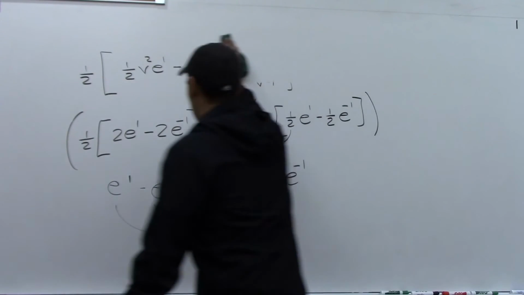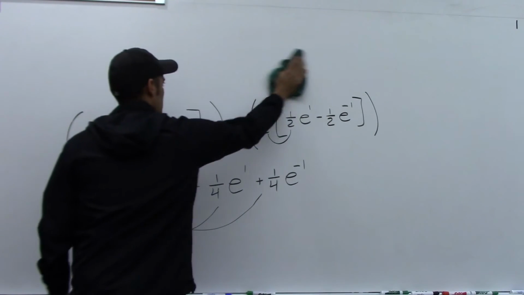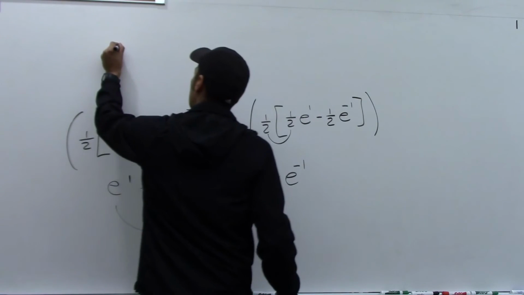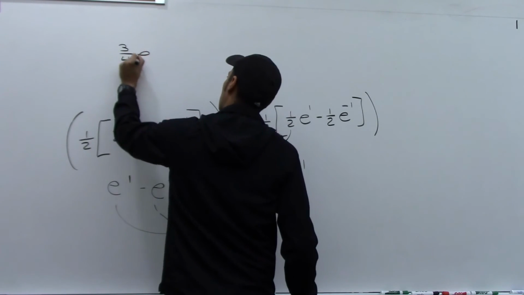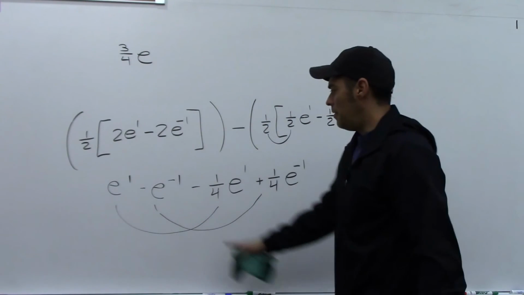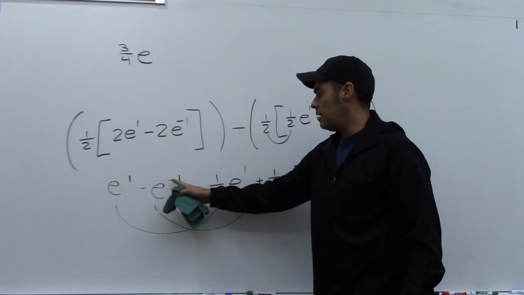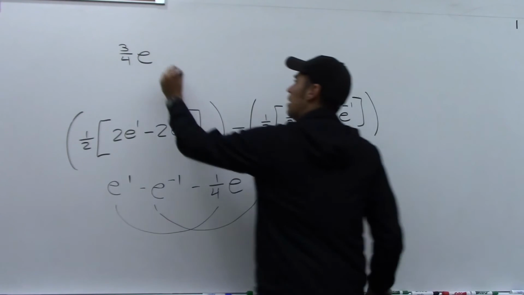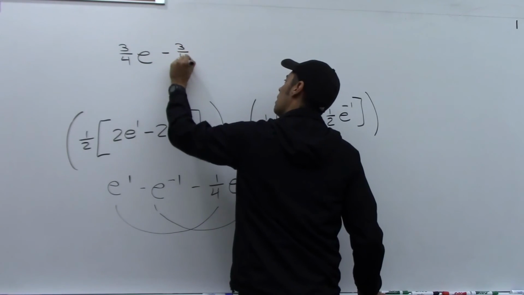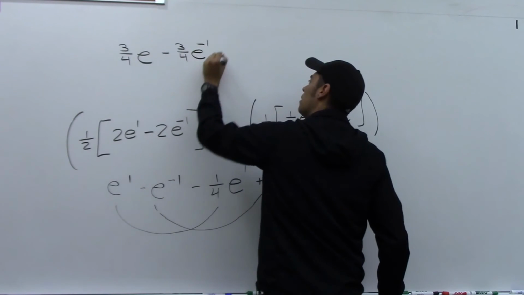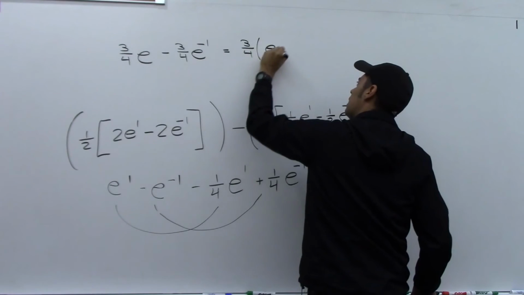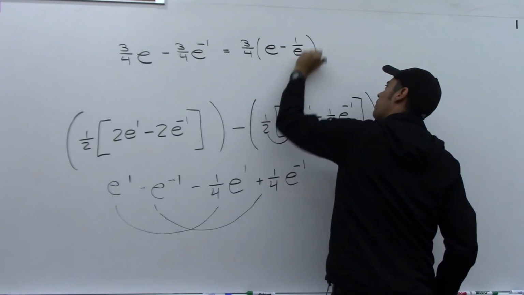So you get e to the 1 minus 1/4 e to the 1 is 3/4 e to the 1, which I'm just going to write as e. And then negative e to the negative 1 plus 1/4 e to the negative 1 is minus 3/4 e to the negative 1. This is the same as 3/4 times e minus 1 over e.